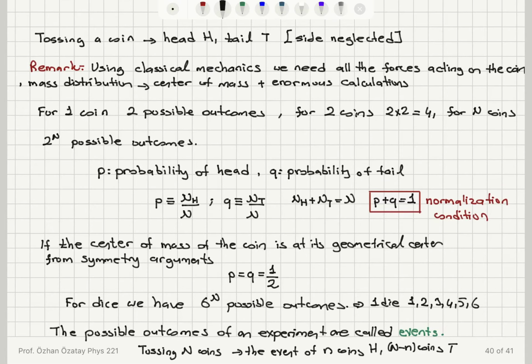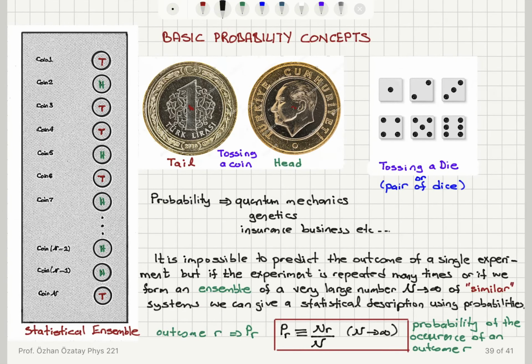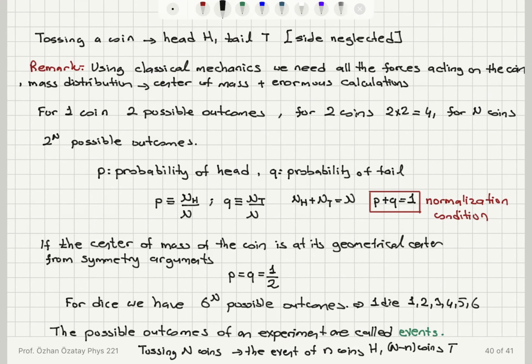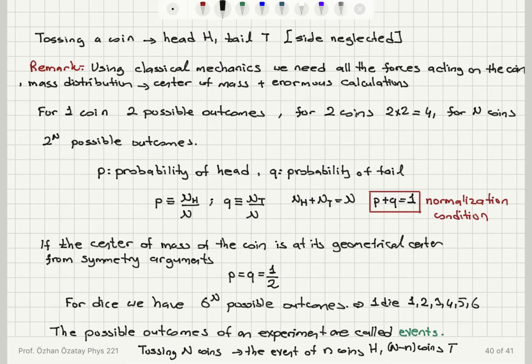And instead of using the statistical description, it's always possible to try to do this with a classical mechanics or quantum mechanics calculation. Well, in this case, it has to be a classical mechanics calculation.